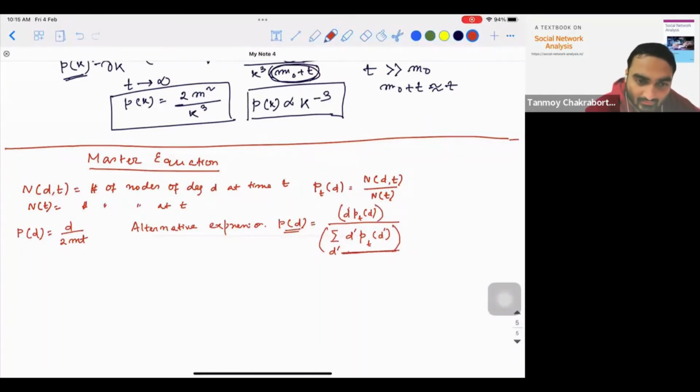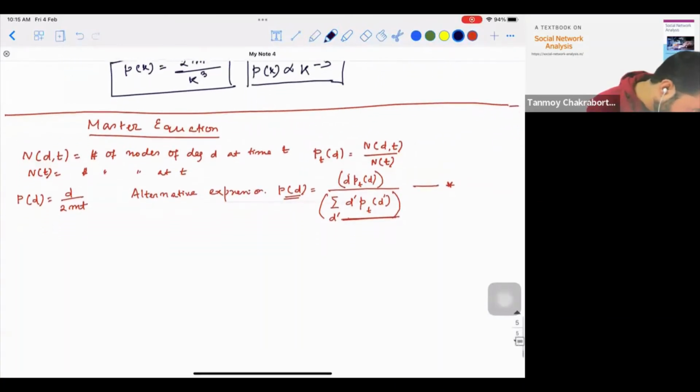Can we write it in this way? Think about it. We can write the same expression in this way. Okay. So now this equation is very important. Now let's define two other measures. One is called outflux. Another is called influx.